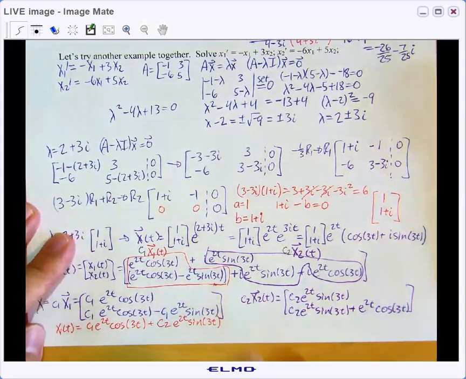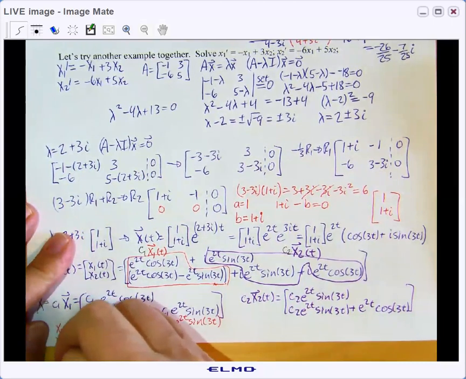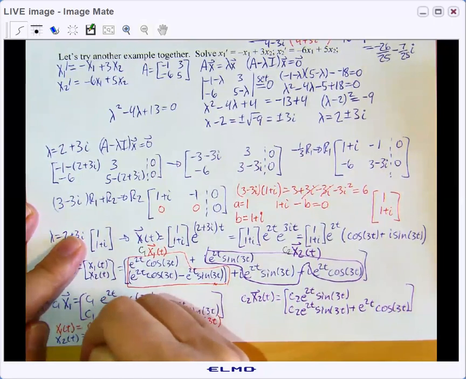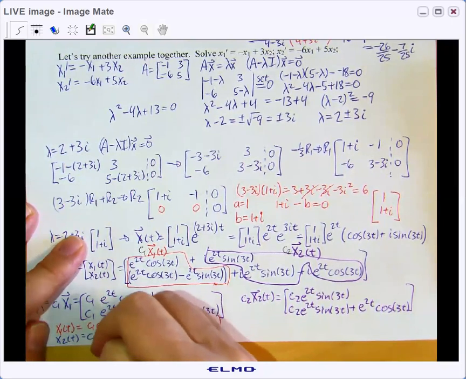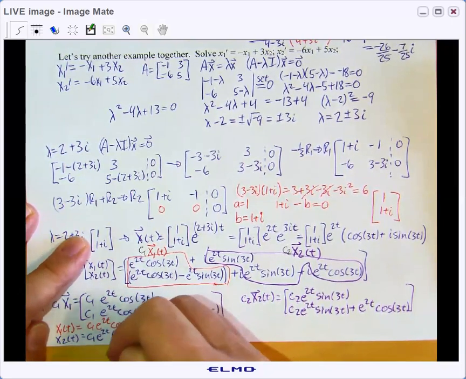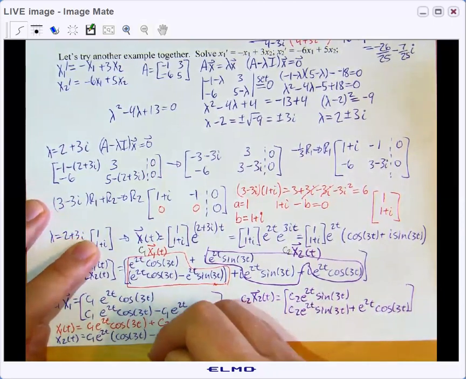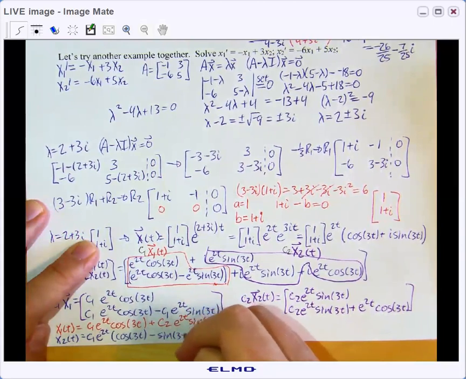And then the x2 function is going to be c1, let's factor out the c1, and while we're at it, the e to the 2t, times cosine of 3t minus sine of 3t.